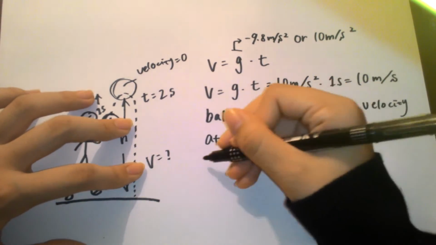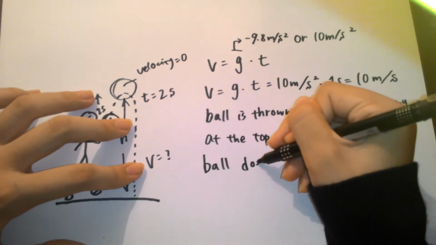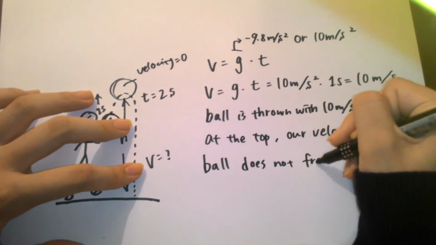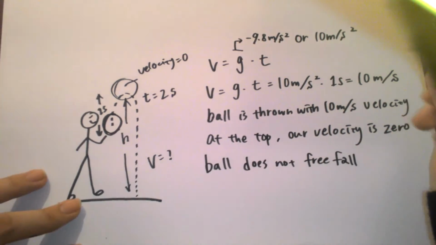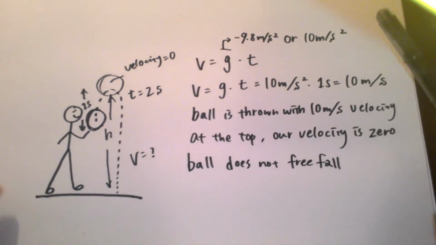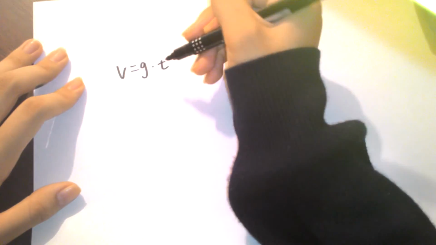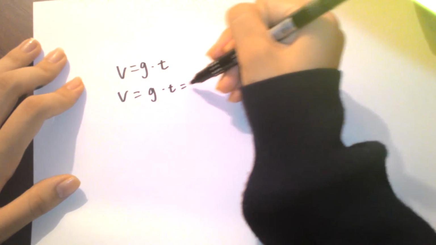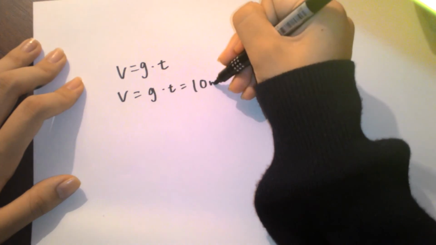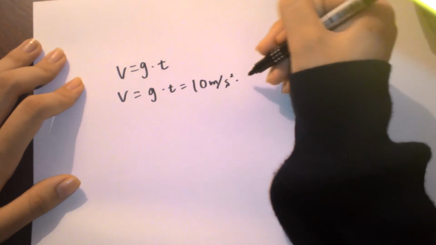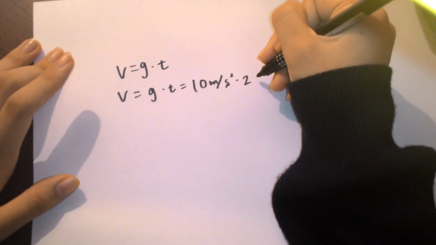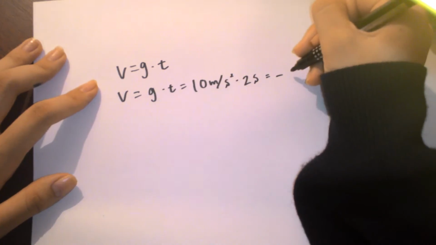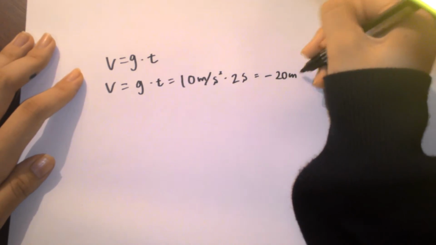So the ball does not free fall yet. And v equals gt, so v equals 10 meters per second squared times 2 seconds, equals negative 20 meters per second.